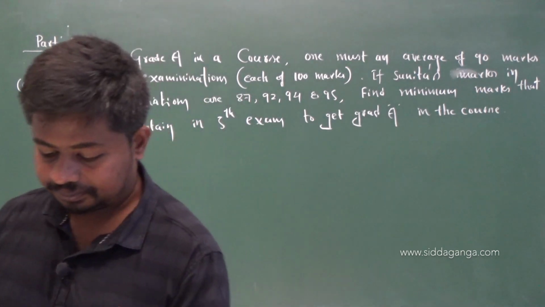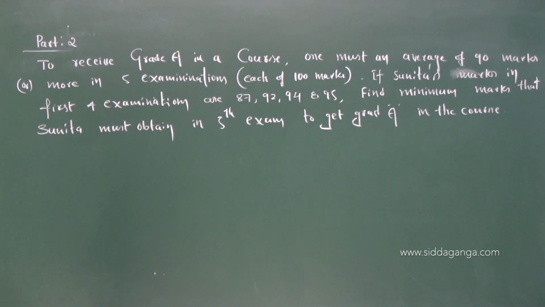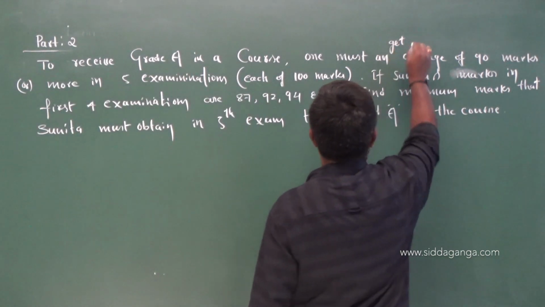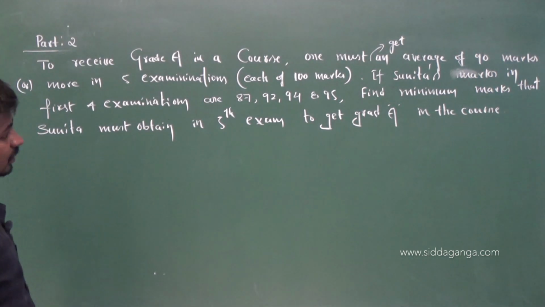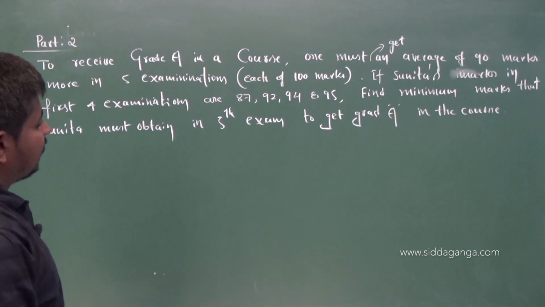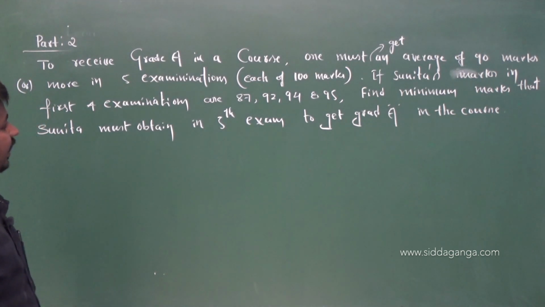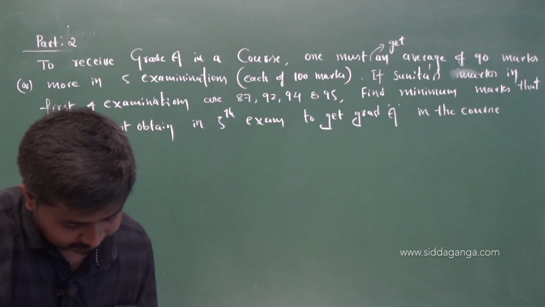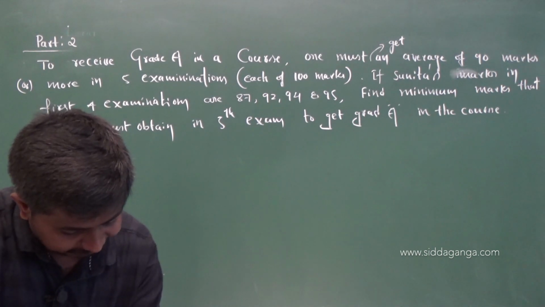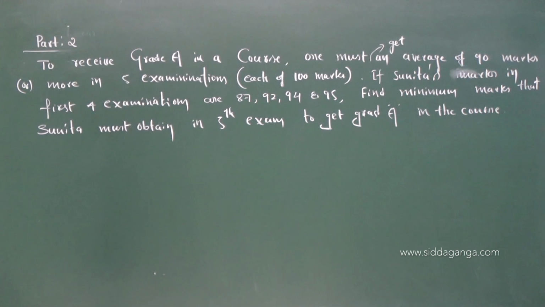Same as before, students. To receive grade A in the course, one must obtain an average of 90 marks or more in 5 examinations, and each examination is out of 100.